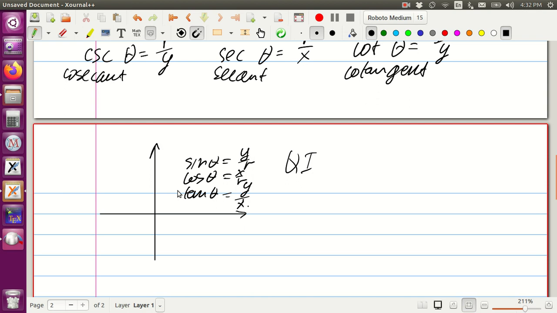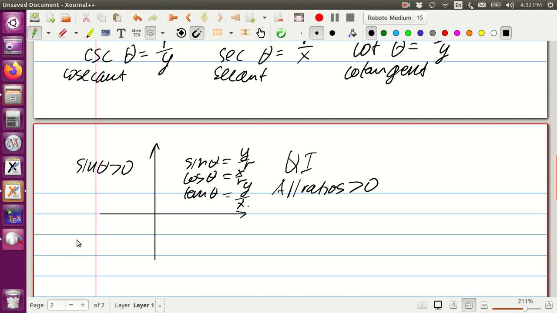It's a distance. So that means all ratios are greater than 0. If we move to this quadrant, sine, as you can see, will be positive because y is positive. But cosine will be negative since x becomes negative over here. So here we'll have only sine of theta positive, but tangent and cosine negative.